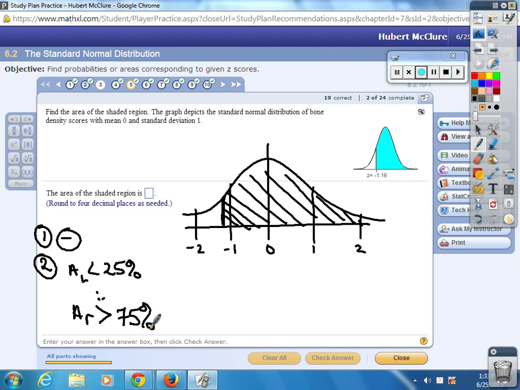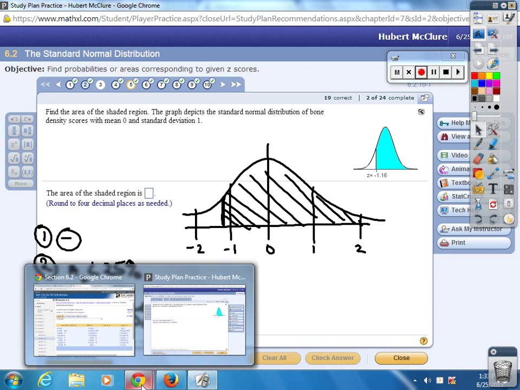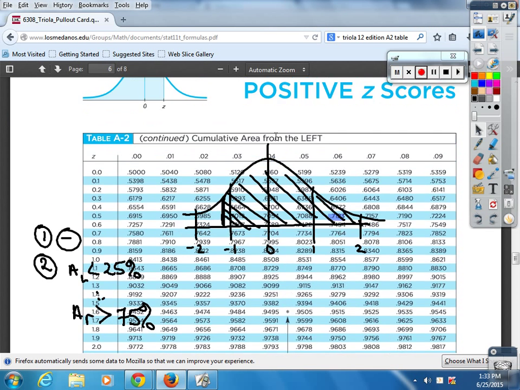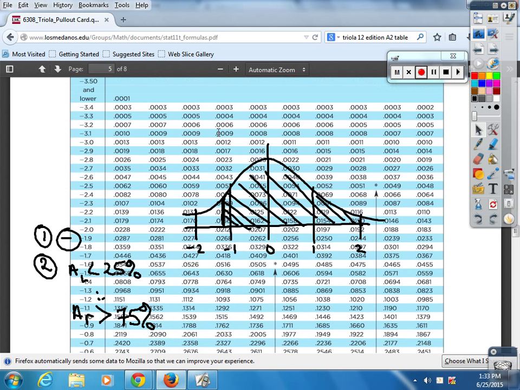So, let's take our handy dandy table. We got to look it up. There it is. So we go to our handy dandy negative table and look up z-score 1.16. So that's $1.10 and 6 pennies.